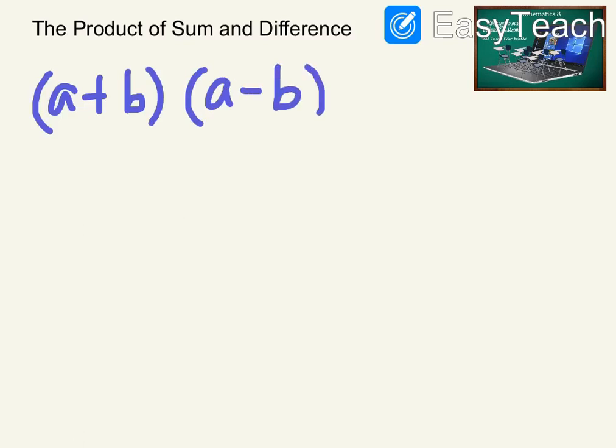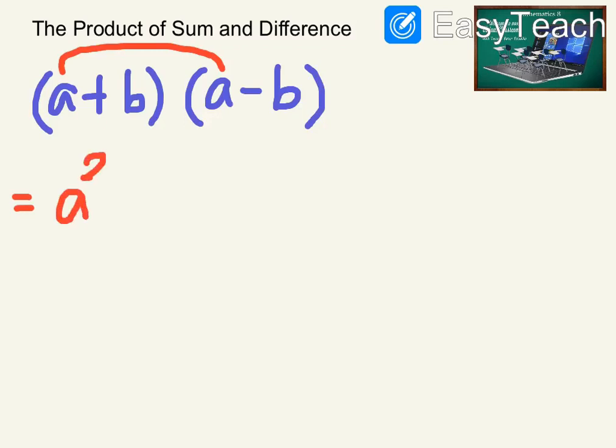Now if you're going to use the distributive property of multiplication, you will end up with this. So ganito yung mangyayari, pero we will not use this, no? Kasi tingnan lang natin kung yung pattern ay tama lang, kung pareho lang sila na magiging answer. So using the distributive property, you're going to multiply a times a, so you will end up with a squared.